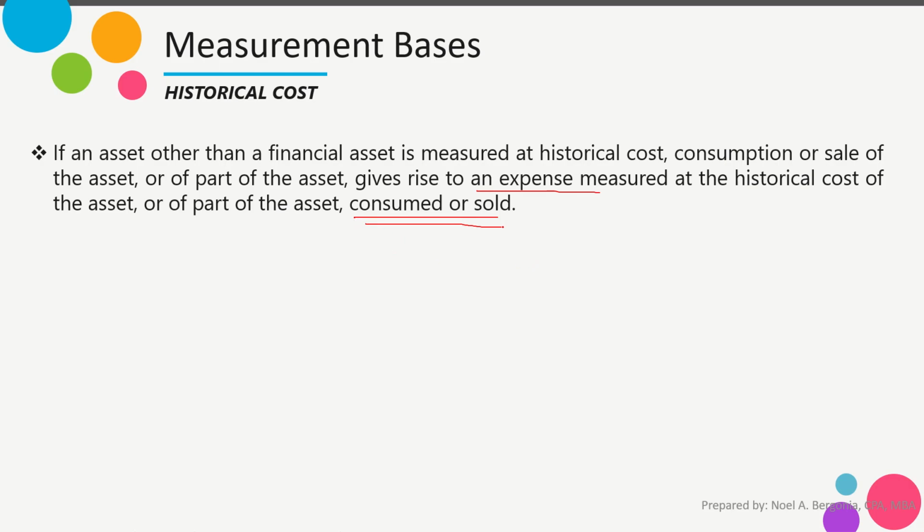O kaya naman, kapag nagbenta tayo, let's say for example, yung inventory, it will give rise to a cost of goods sold, which is considered as an expense. So it also considers in the discussion of the historical cost. No, consumption or sale of an asset will give rise to an expense.